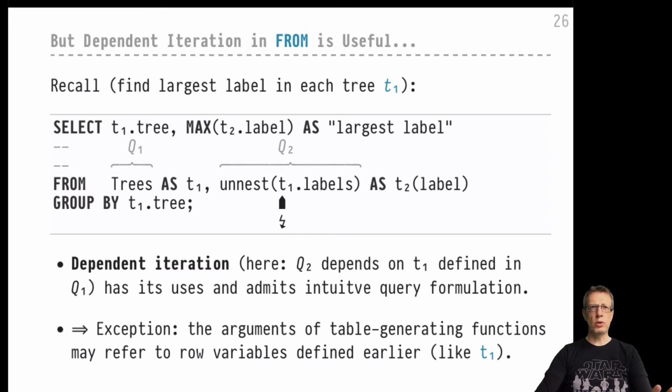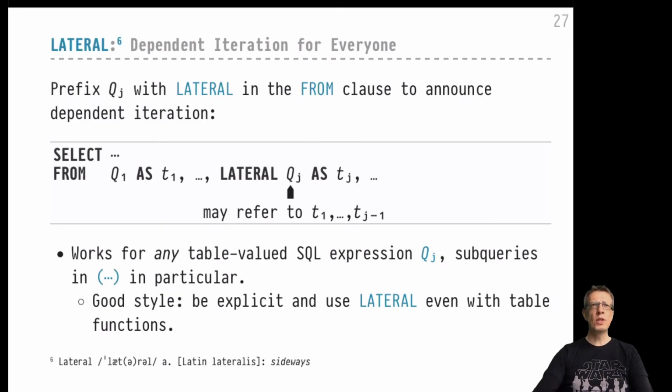We are just talking about a regular subquery Qi here. And this is where lateral comes into play. This is a SQL keyword that we have not seen before. And what it does is indeed, it introduces dependent iteration for everyone in the case, not only for set generating functions.